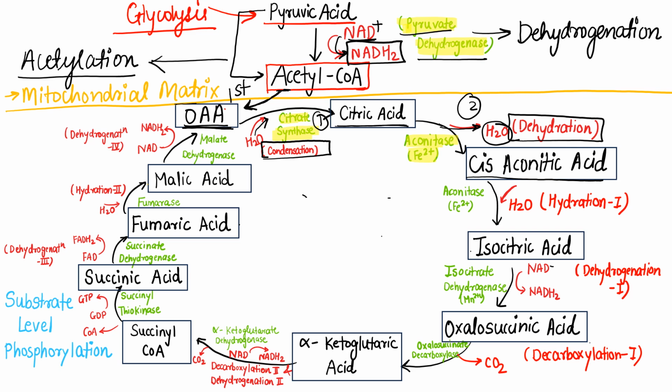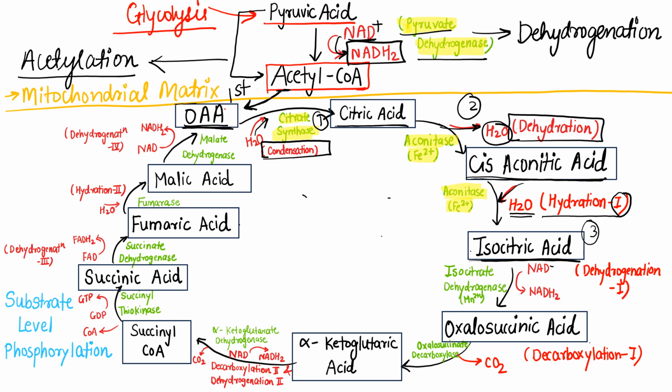Third step is conversion of cis-aconitic acid into isocitric acid. This is the third compound. Here, hydration takes place, that is again addition of H2O. This is the first hydration in the TCA cycle in the presence of enzyme aconitase again and catalyst Fe2+.